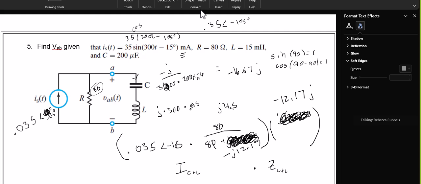Then if I do the same calculation, I get the right answer.